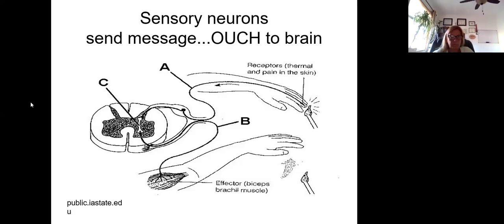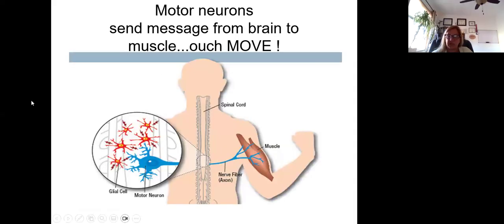It's really a simple concept. Your motor neurons are sending a message to your brain and to the muscles in order for them to move that hand away from that flame.